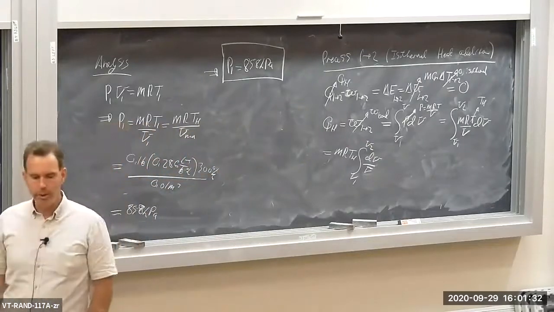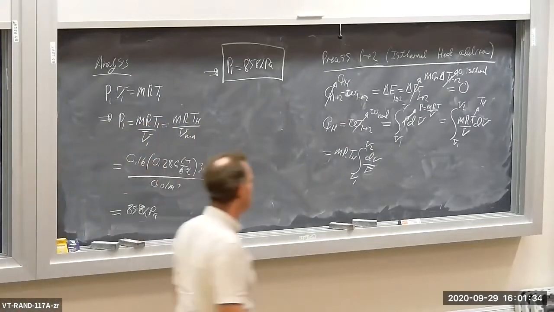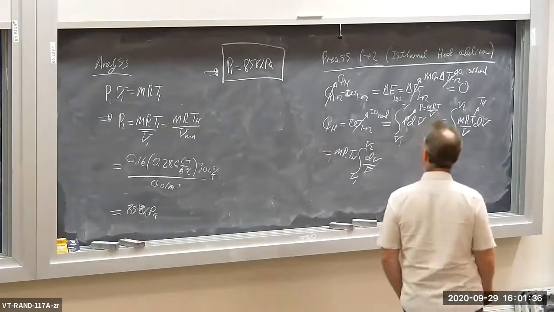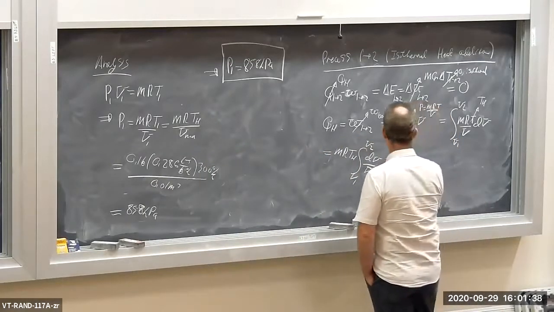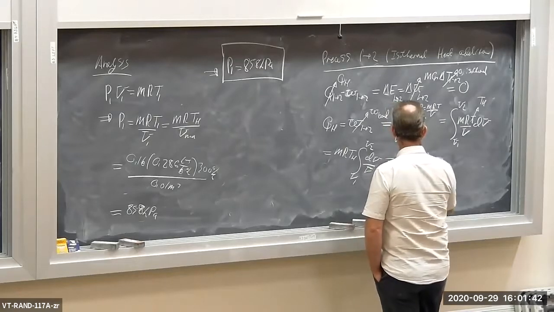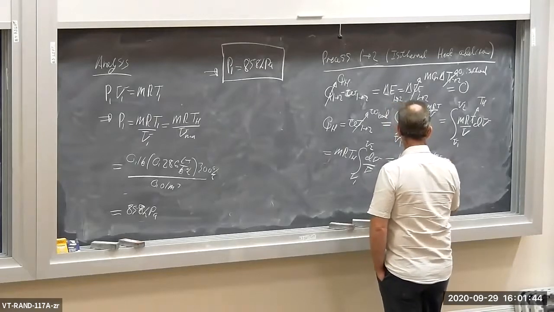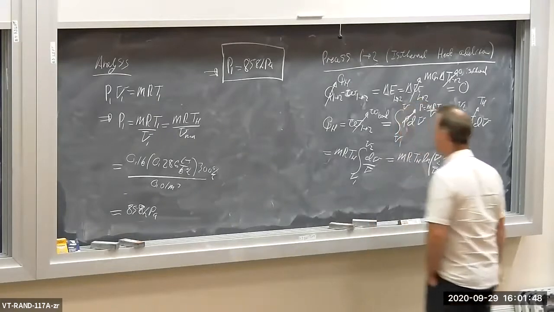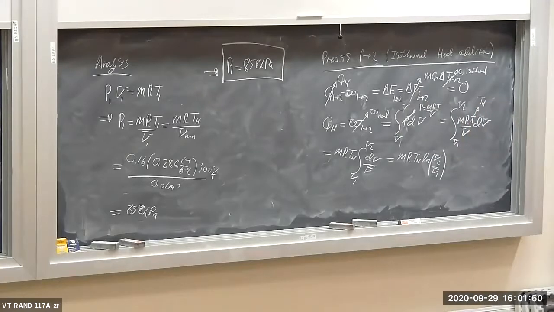The antiderivative of 1 over volume is a natural log. And so I get mRT high natural log V2 over V1. So that's the expression for my heat transfer from the high temperature reservoir.